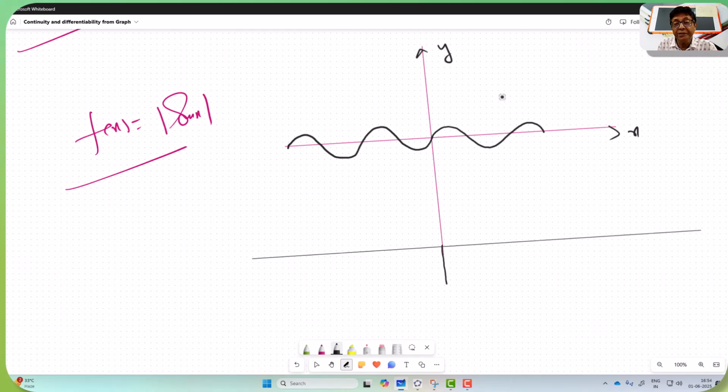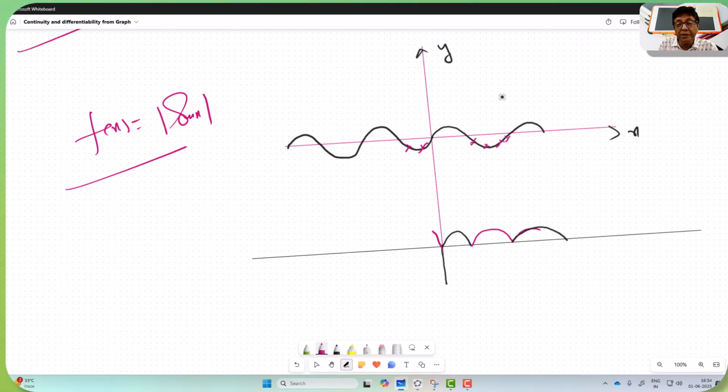You will be taking the mirror image of the negative parts about the x axis. Whatever part is already above will be there. You take the mirror image of this portion about the x axis and then delete the original portion. This portion is already there in the graph. And on the left side you take the mirror image of this portion.